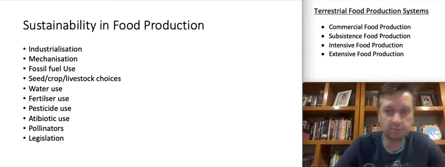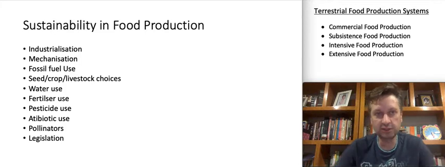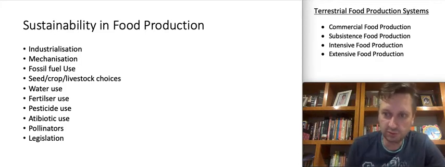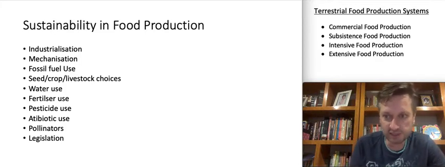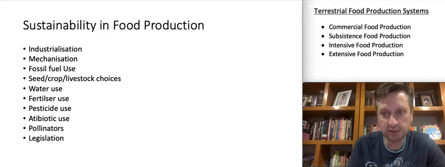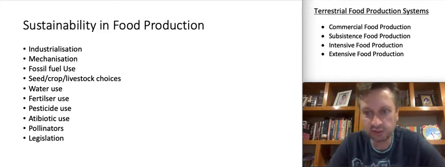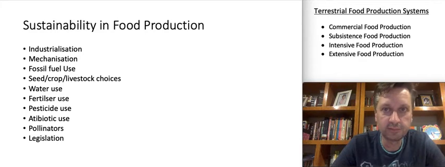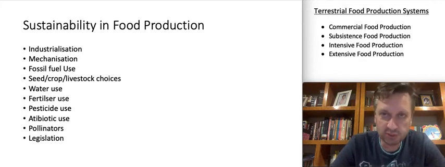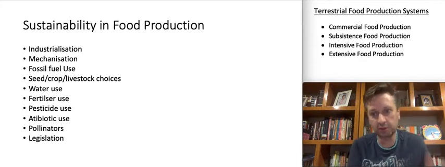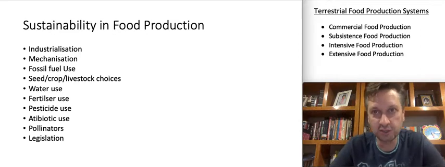Pesticides. The use of pesticides is increasing globally. Usually we talk about pesticides in terms of insecticides to control insects and herbicides to control weeds. If we go all the way back to topic 2, you might remember that we talked about the bioaccumulation and the biomagnification of pesticides.